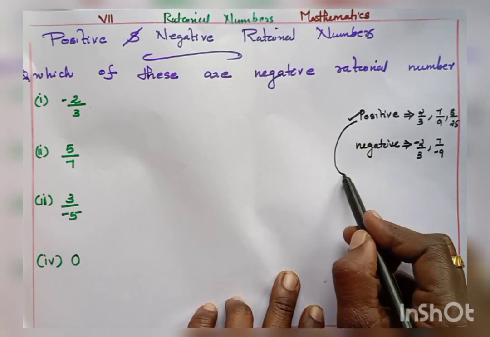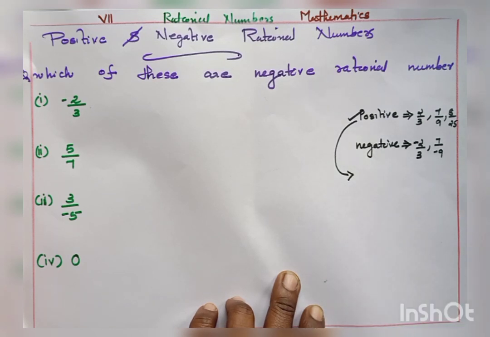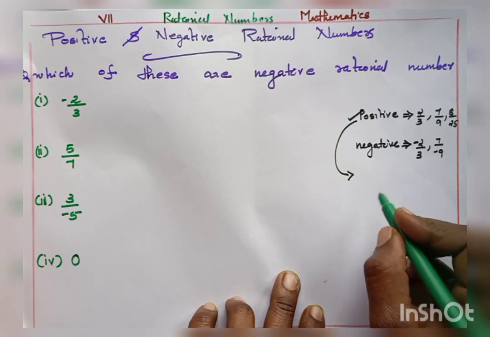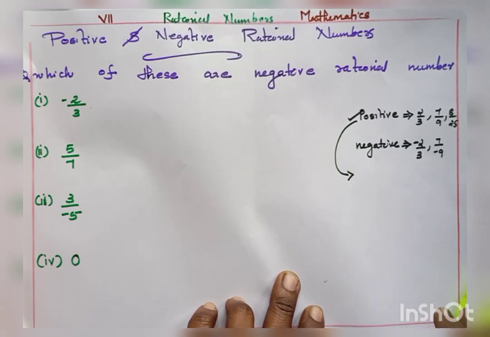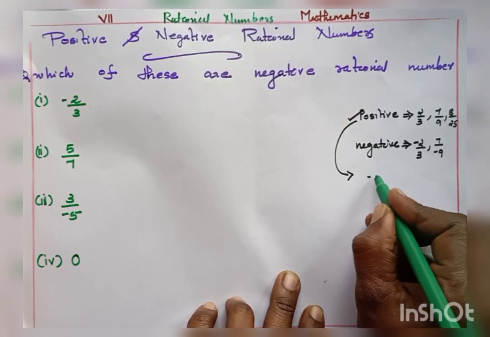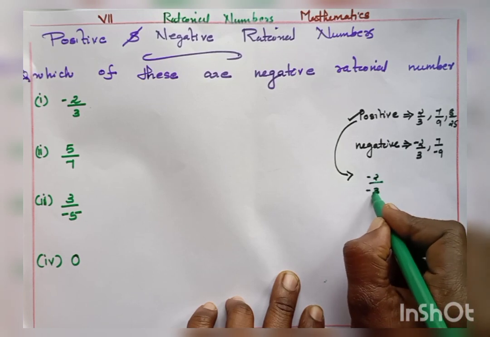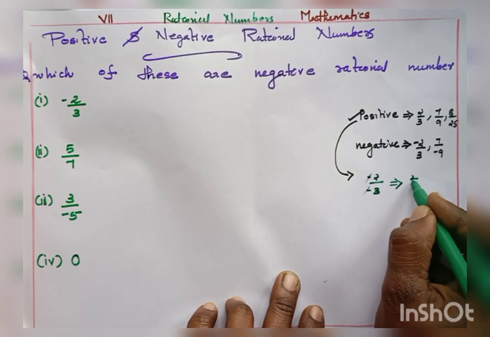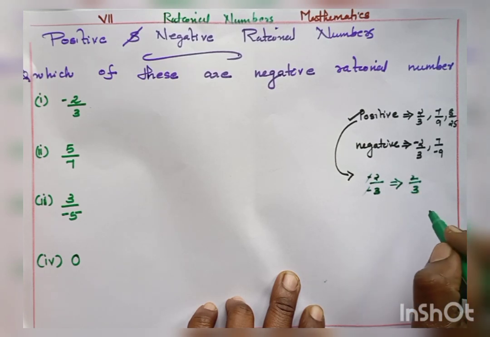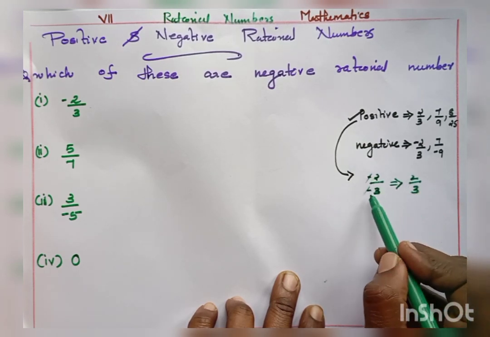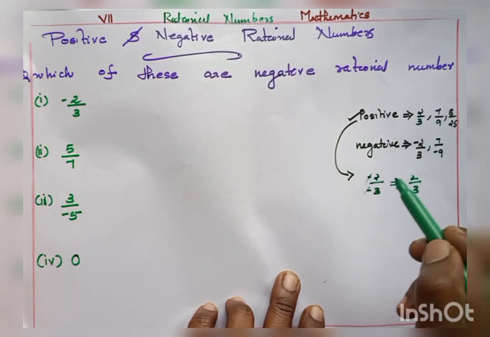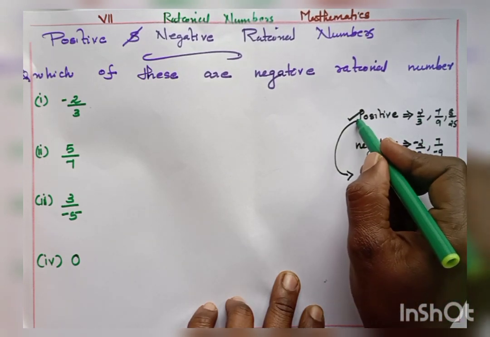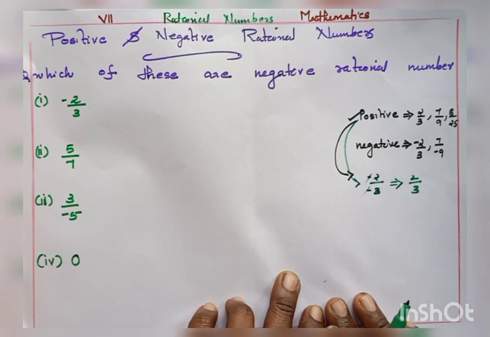One more condition for a positive rational number, listen: both the numerator and denominator negative, minus 2 by minus 3. We can cancel this minus, and it becomes a positive rational number, 2 by 3. Okay, if both numerator and denominator are positive or both are negative, that is a positive rational number.